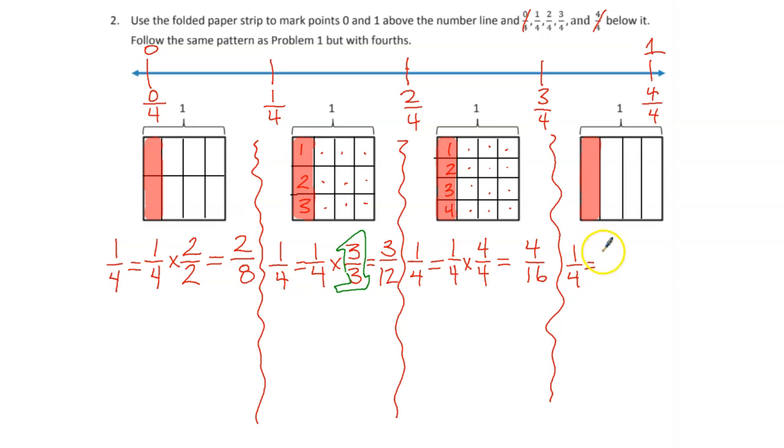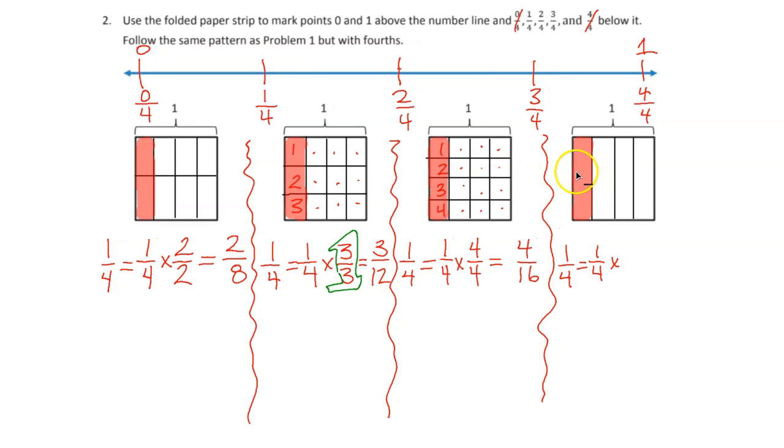Last but not least, I have my 1/4 times, now I'm going to put 4 partitions to get my 5 parts. 4 partitions, 5 parts. If you notice, I have 1, 2, 3, 4 columns, and in each column is 1, 2, 3, 4, 5.